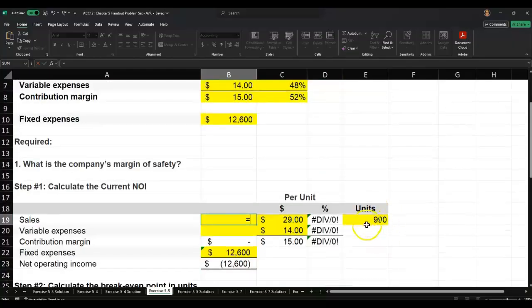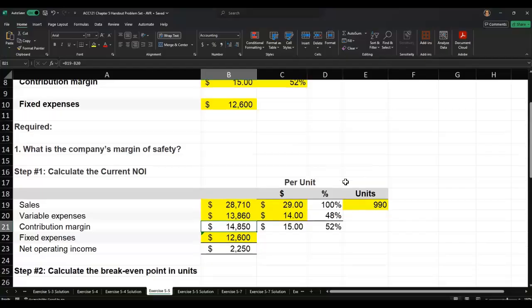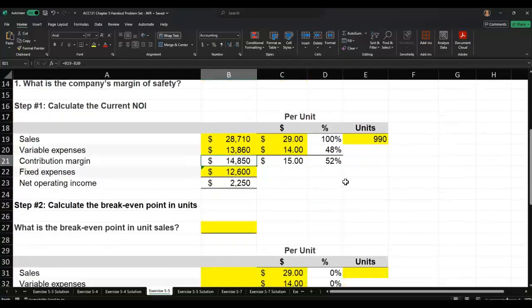Right, multiply that by the sales price. And then on our variable expenses, the 990 times the variable cost per unit of 14. And again, our fixed cost is still that 12.6. All right. So right now, we've got 990 units and we've got $2,250 in net operating income.